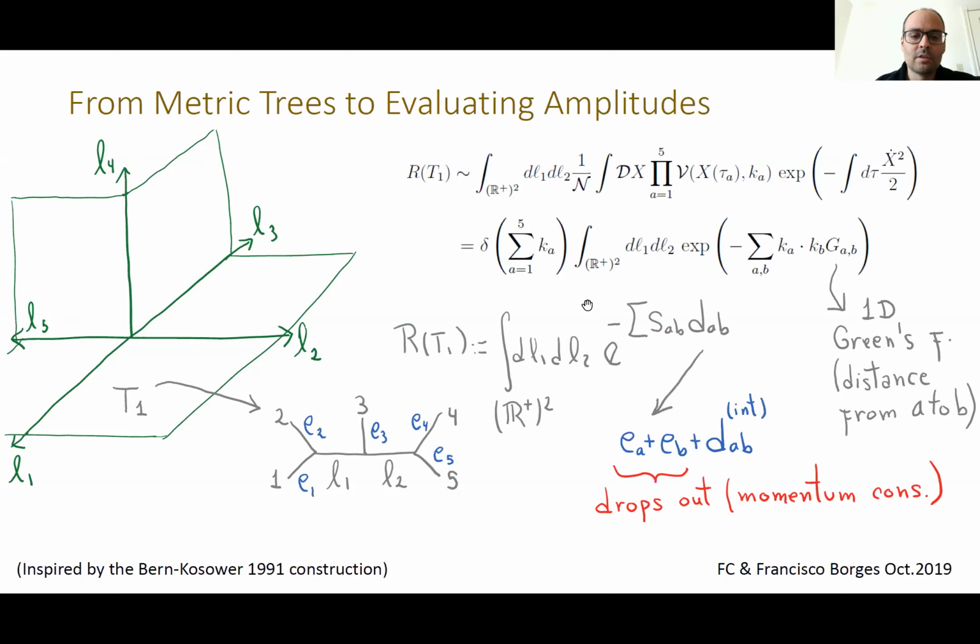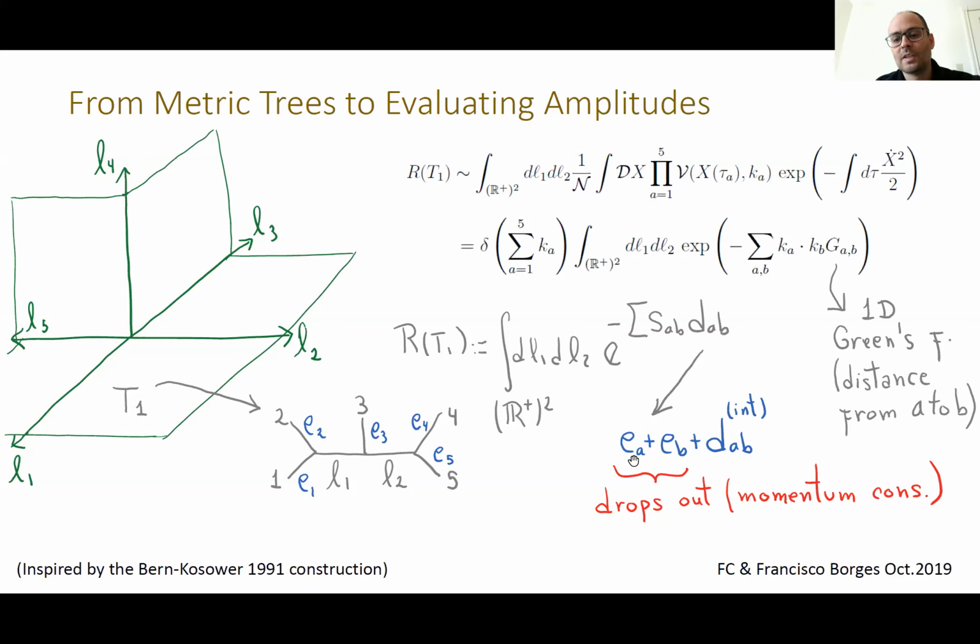In this particular context, we have to generalize a little bit the usual notion, because we also have to allow the length of the edges to enter, and the vertex operators are actually inserted at the leaves. Now, after having done that, we end up with a formula like this for the value of the Feynman diagram associated to this point, where DAB is again the distance from any leaf to any other leaf.